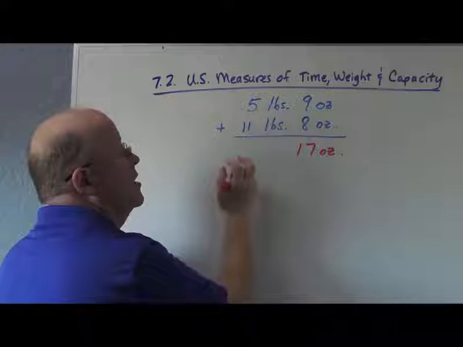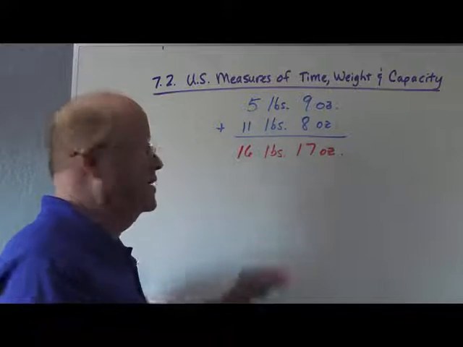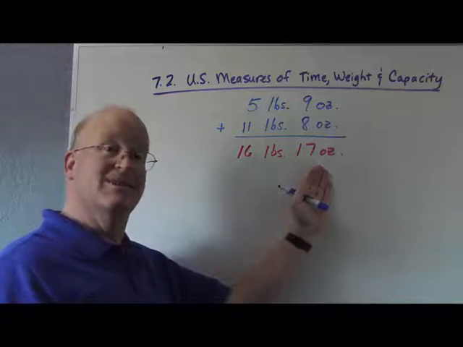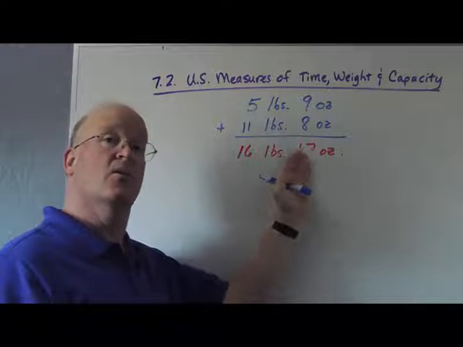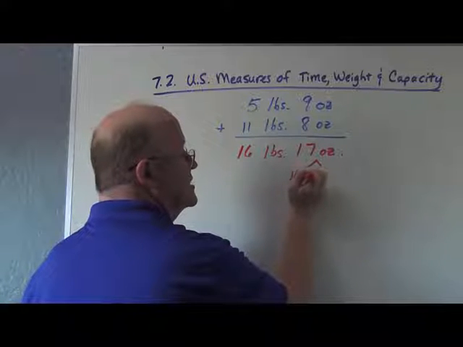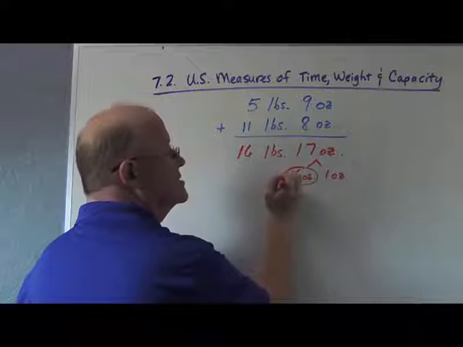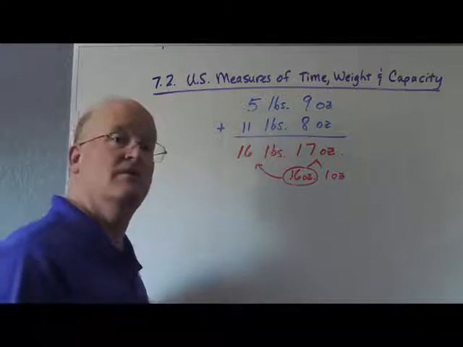And in the pounds column, I'm going to have 16 pounds. However, I can carry 16 of these 17 ounces over to the next column, because that 17 ounces is 16 ounces plus 1 ounce, and 16 ounces is equal to 1 pound, which can be carried.